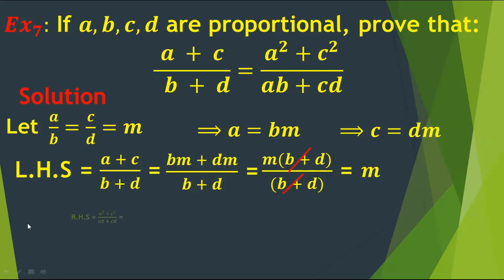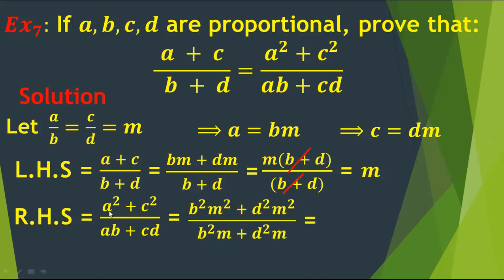Take the right hand side: A power 2 plus C power 2 over AB plus CD. It's so easy. Substitute, cancel A, put BM all power 2, then B power 2 M power 2.